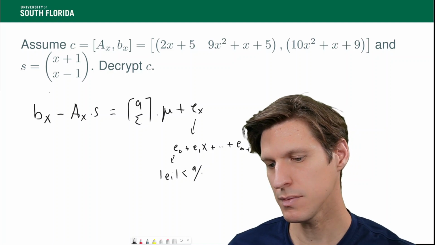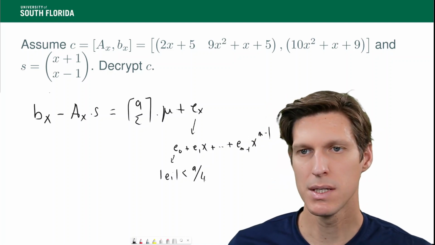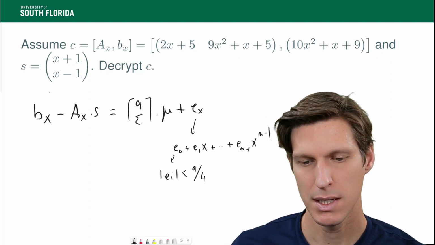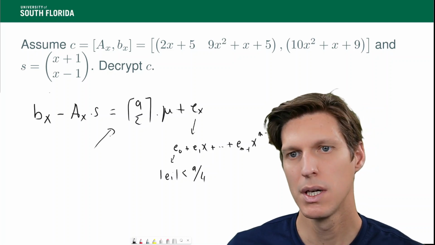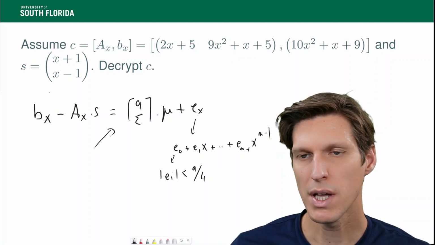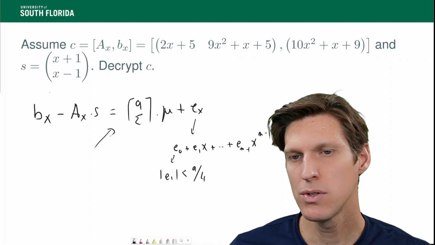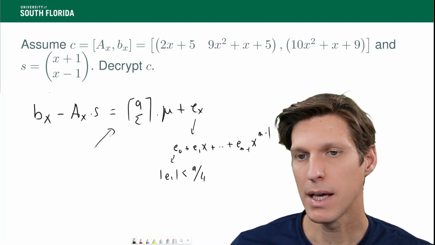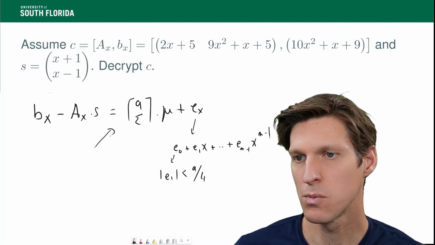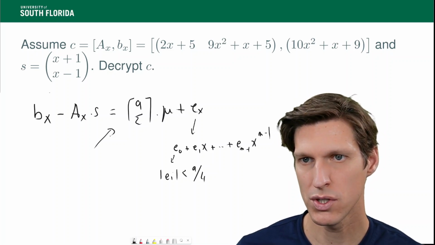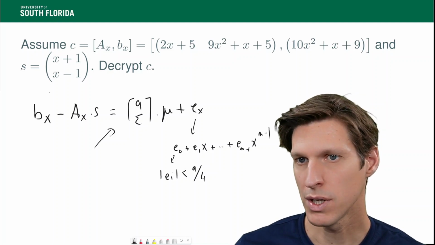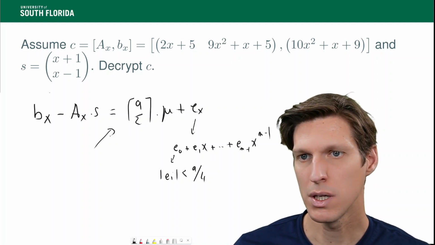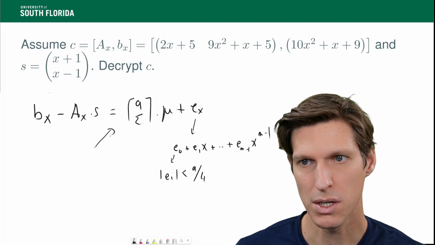What that means is that when you look at this polynomial, its entries are going to be approximations of zeros and ones. If the entry is within the distance q over 4 to 0, then we will declare that the corresponding entry of the polynomial mu was a 0.